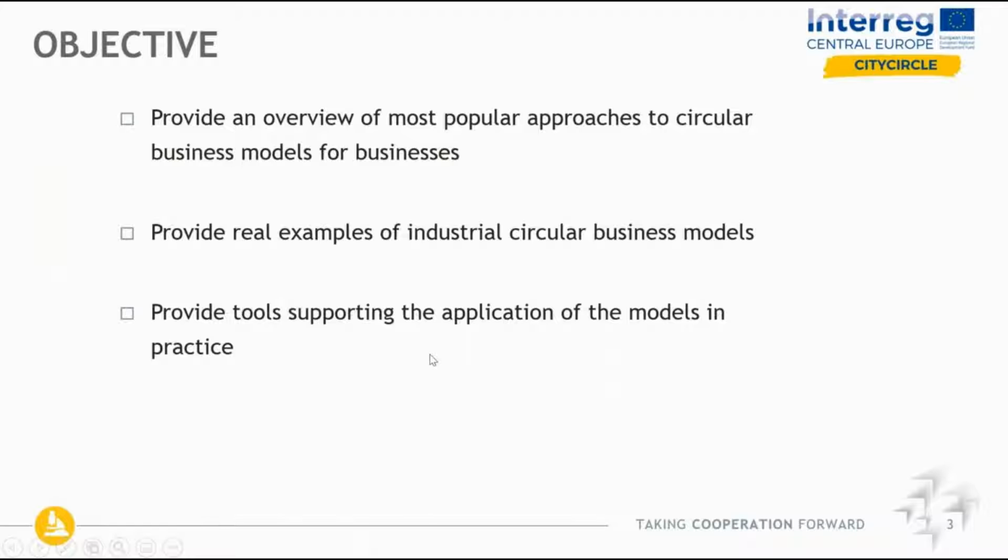So the objective is to provide you with an overview of how others have approached it, because of course it is not fully new in our project that we address the circular business models for businesses. There are plenty of people who worked on that, and we'll provide some approaches to these circular models for businesses, some real examples, and tools.